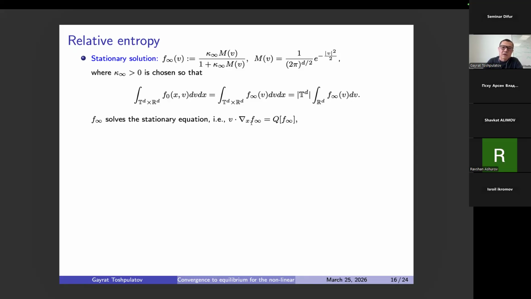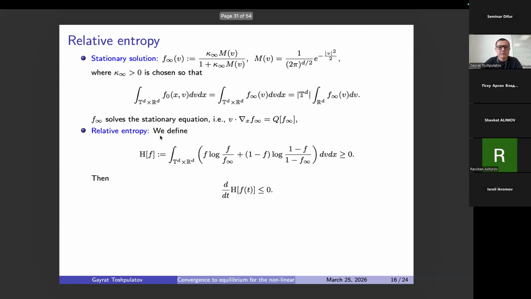It is a time-independent solution. It means when t tends to infinity, we hope that the solution tends to this f infinity. And under this mass constraint, one can show that this is actually the unique stationary solution.